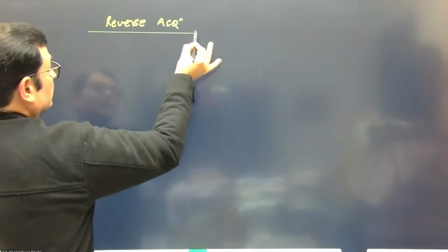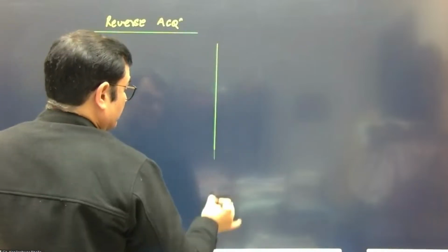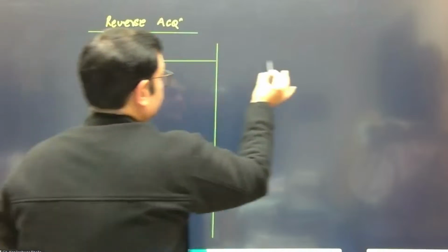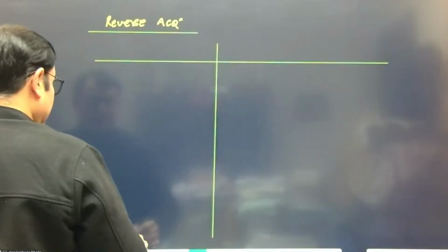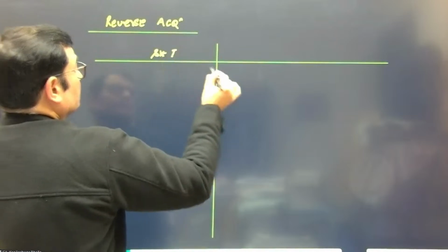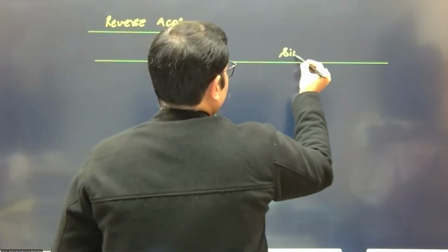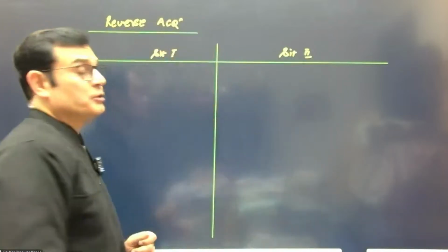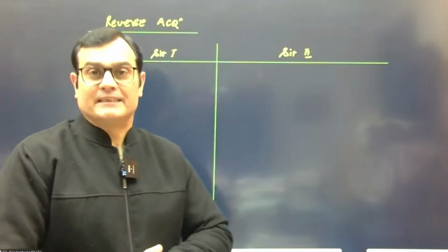So there are two situations: in the very first situation, a new company is not created, and in the second situation, a new company is created.